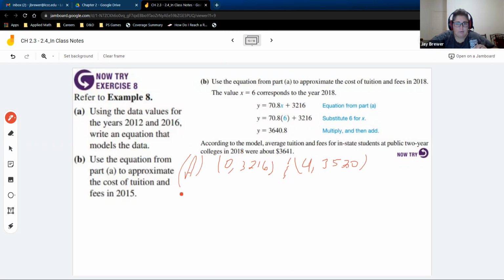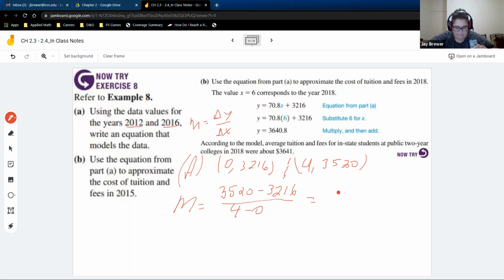It's just an example. So slope is going to be, remember, the change in Y over change in X. In this case, we're going to have 3,520 minus 3,216 over 4 minus 0. Here they replace the years with nicer numbers.